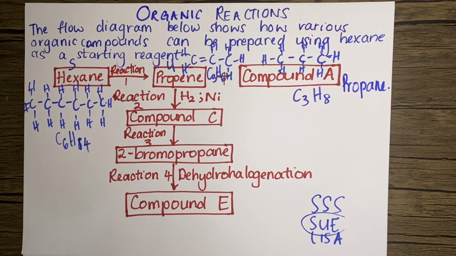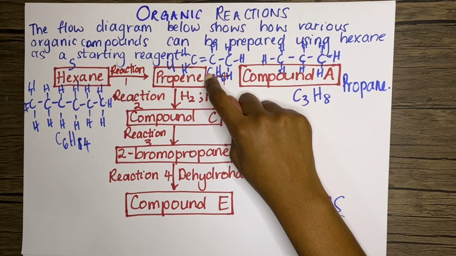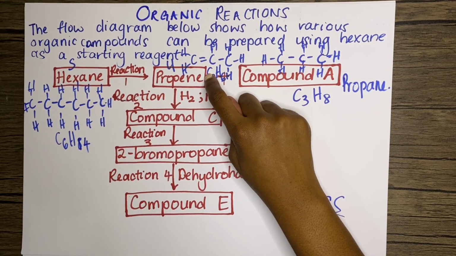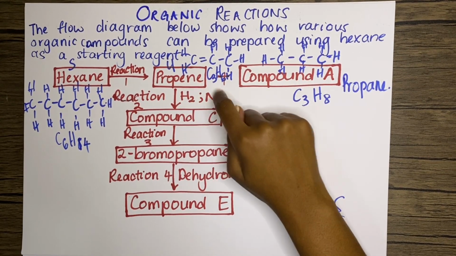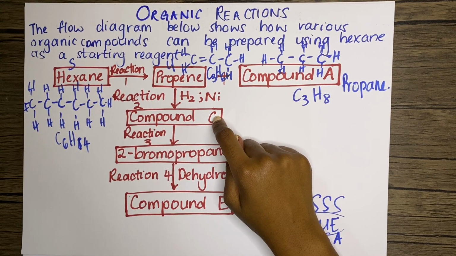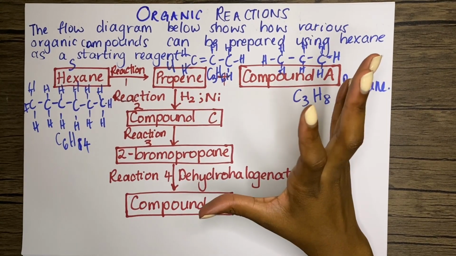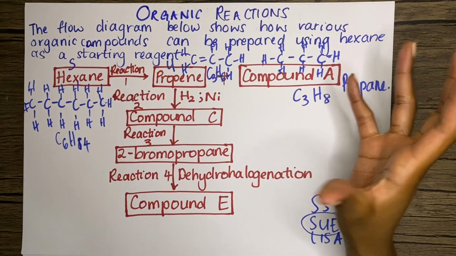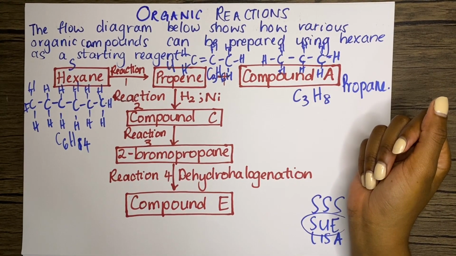That's compound A. Then let's move on to reaction 2. They say this propene now undergoes a certain reaction 2 under these conditions to form compound C. So again, you have to figure out what kind of product you're forming, saturated or unsaturated.